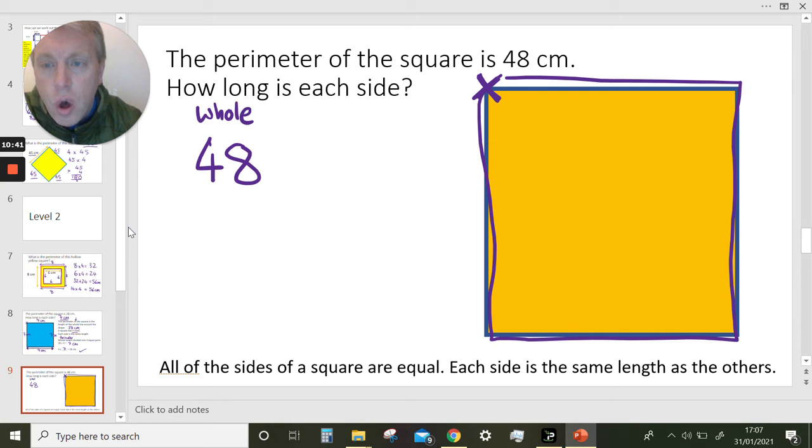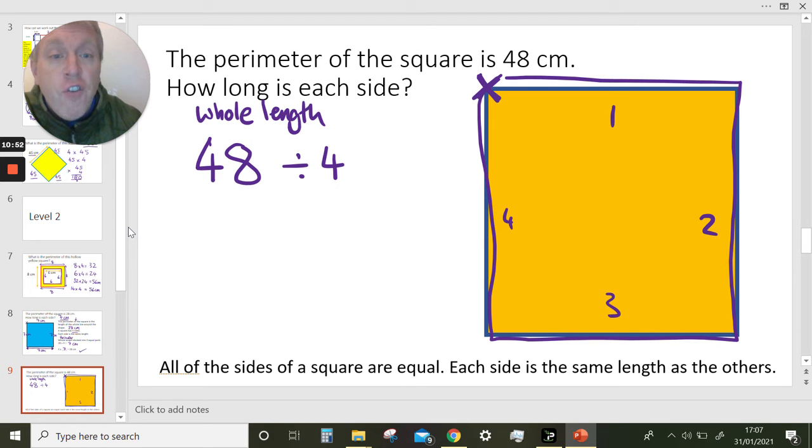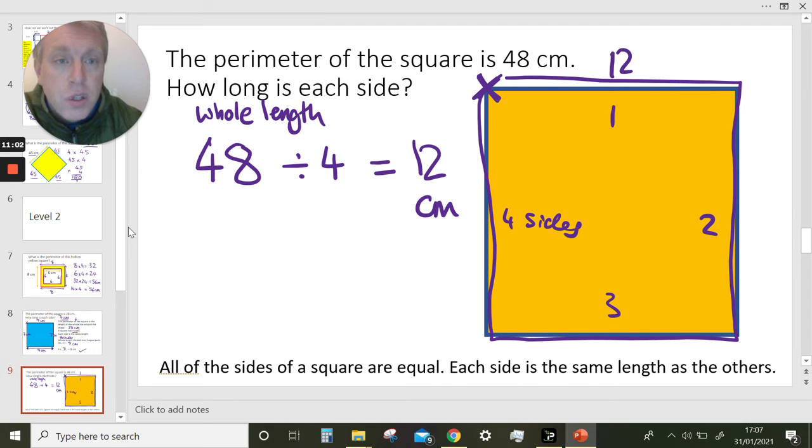And it's divided into how many equal parts? 1, 2, 3, 4 sides. Of course, it's a square, they're equal. 48 divided by 4 is 12 centimetres. 12 centimetres for each side.